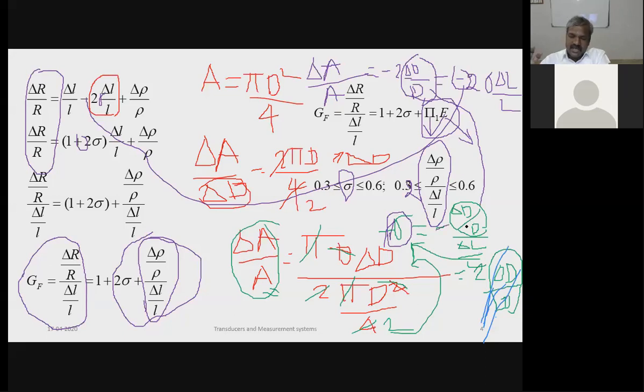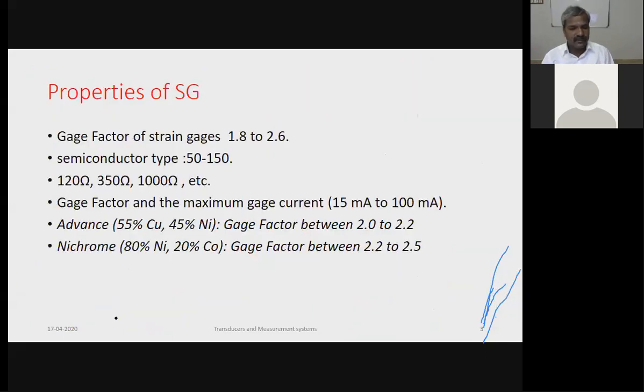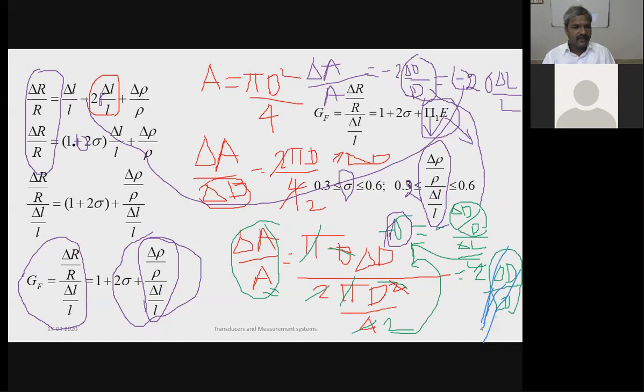Lateral strain is the change in diameter to the original diameter, divided by longitudinal strain, which is the increase in length to the original length, so delta L by L. If you substitute this here, we get delta A by A equal to minus 2 times Poisson's ratio times delta L by L. So it becomes 1 plus 2 sigma times delta L by L. We divide the whole equation by delta L by L, so we get delta R by R divided by delta L by L equal to 1 plus 2 sigma. So this is called piezoresistive.